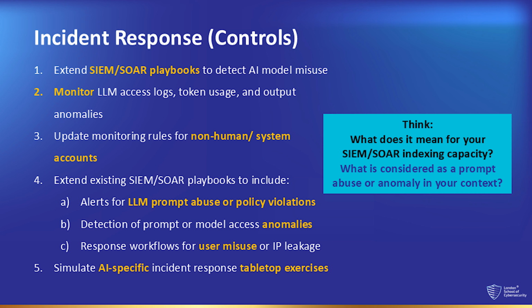Is a user trying to trick the system by using really clever prompts and make the system respond in a way that it should normally not, or that violates your policies? What is really an anomaly in your world, right? So you need to make sure that it is embedded within the updated playbooks.